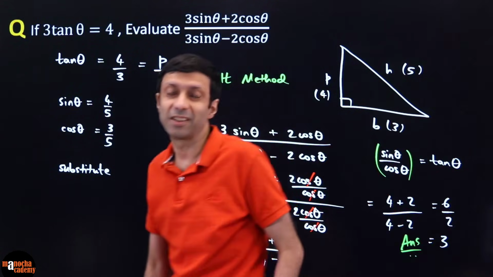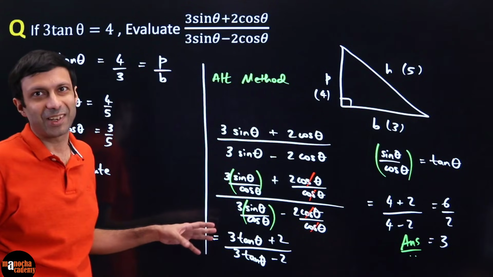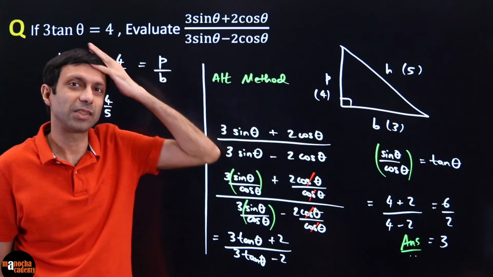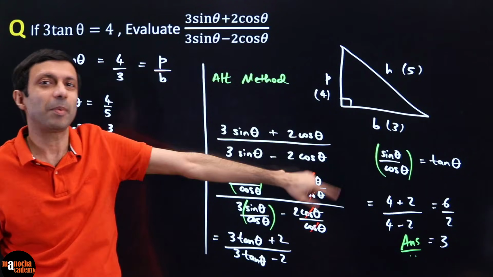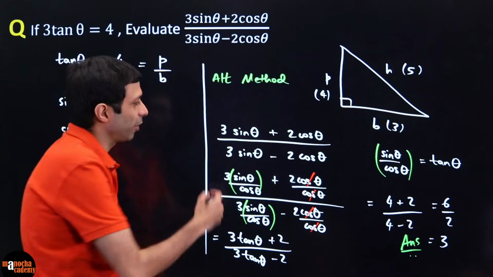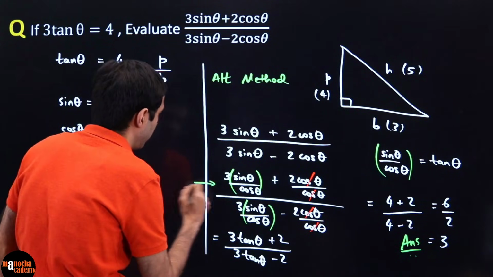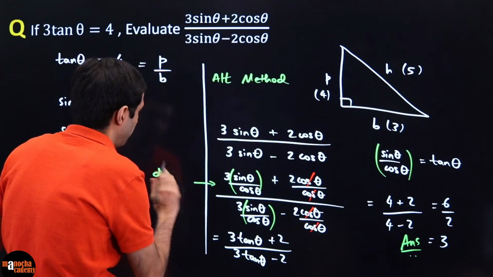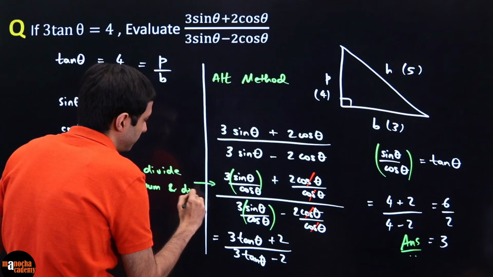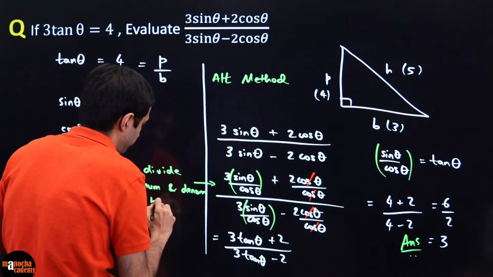So wasn't that Harry Potter trigonometry magic? Where we took advantage of this relation, not just the ratios, that sine theta by cos theta is tan theta, we divided by cos theta. So the whole trick was to divide numerator and denominator by cos theta.